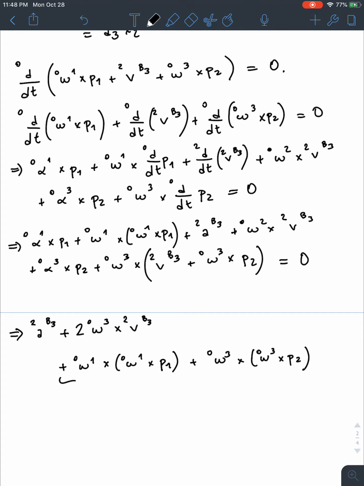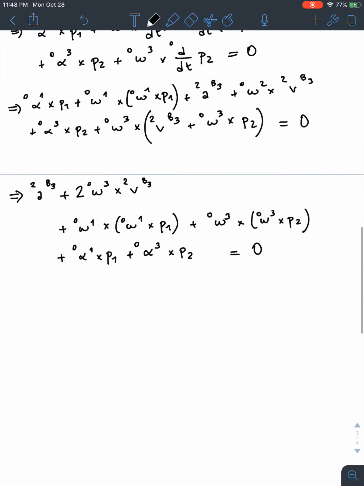These two terms that I've written, these are both centripetal accelerations, and then plus we have angular acceleration of 1 and 0 cross p1 plus angular acceleration of 3 and 0 cross p2. This whole thing is equal to 0. Okay?